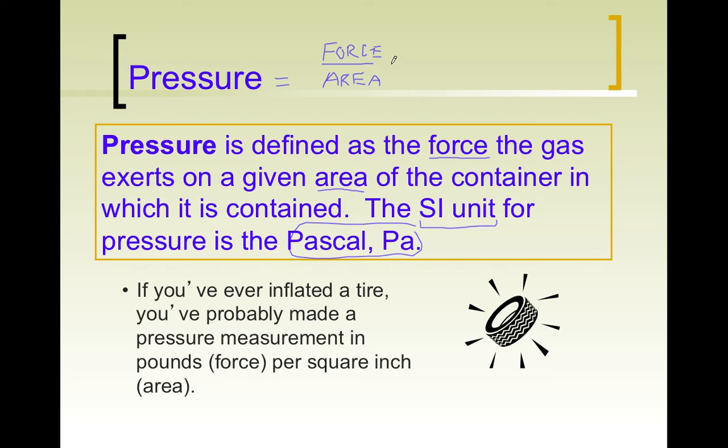If I look at the equation up top, force is going to be measured in what we're going to call newtons, and area, as we learned before, the base unit of length is a meter, so area is length times width, so it's a meter squared on the bottom. A newton per meter squared is what is equal to a Pascal. So newton per meter squared is equal to a Pascal, which would be important to write down.